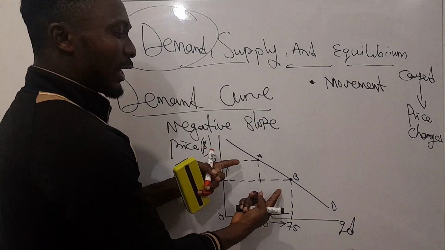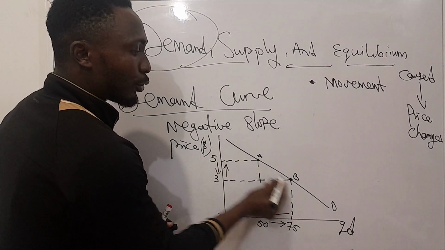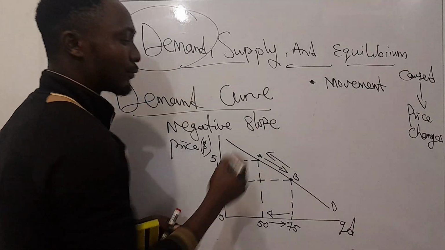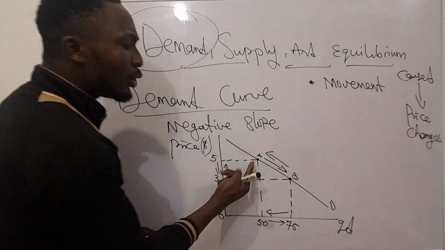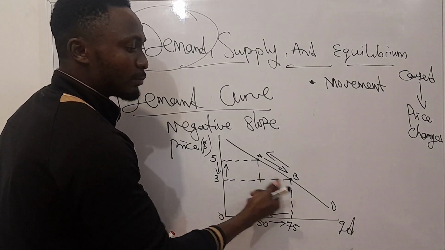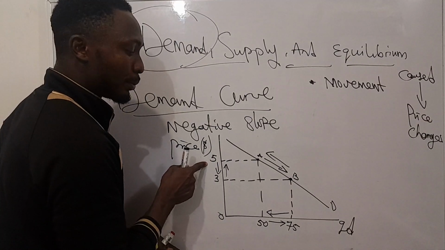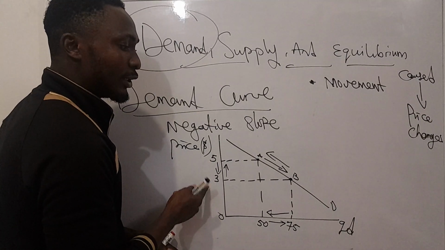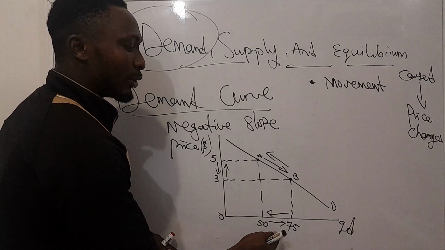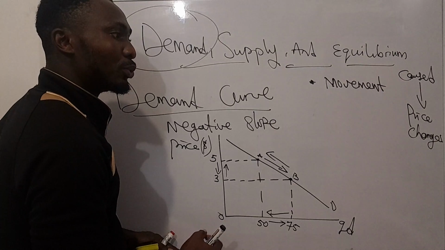Like what we have here, this represents a movement along the demand curve from one point to the other or vice versa. The only reason we are having a movement along this curve is because we have the price going up or down. If the price goes up, the quantity demanded goes down, and if the price goes down, then the quantity demanded goes up.